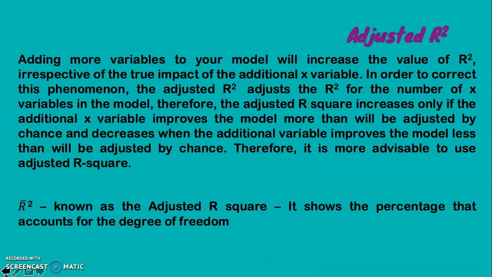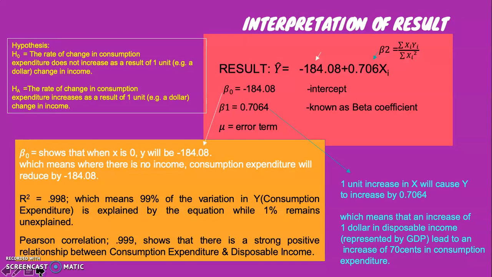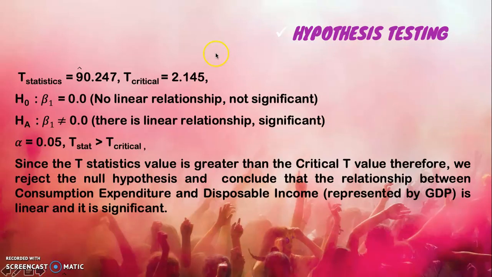Since 0.000 is less than 0.05, that is the alpha value, we are going to reject the null hypothesis that says that there is no relationship between the variables, or that the relationship between them is not significant. And we are going to accept the alternative hypothesis.